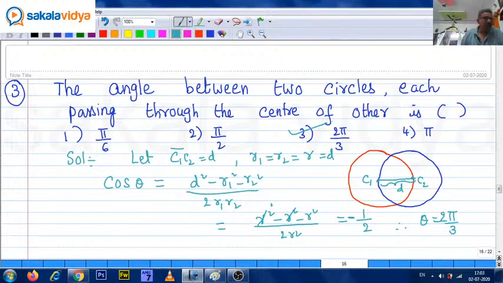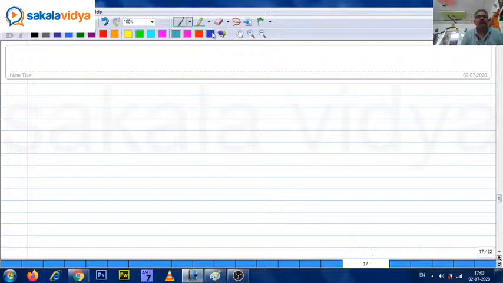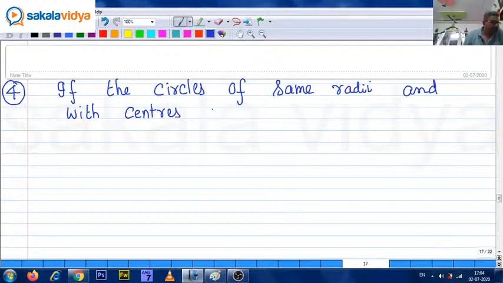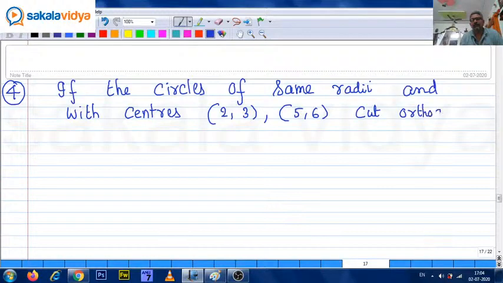Okay, next one. Fourth one. If the circles of the same radii and with centers 2, 3 and 5, 6 cut orthogonally, then the radius is.